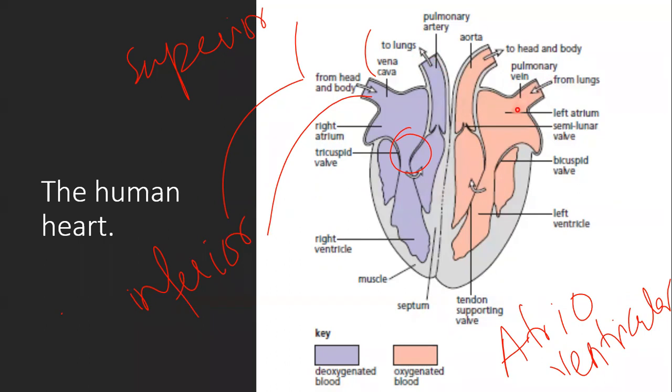From the pulmonary vein, it will enter into the left atrium. Once it enters the left atrium, the atrium will contract. You again have an atrioventricular valve in the middle. So first, the atrioventricular valve will open.